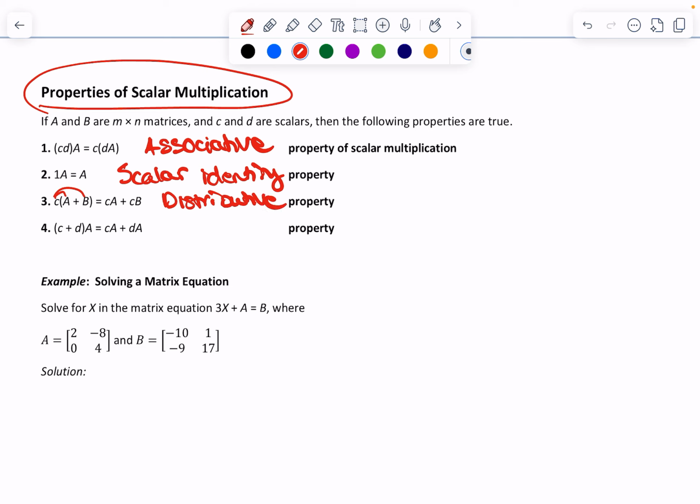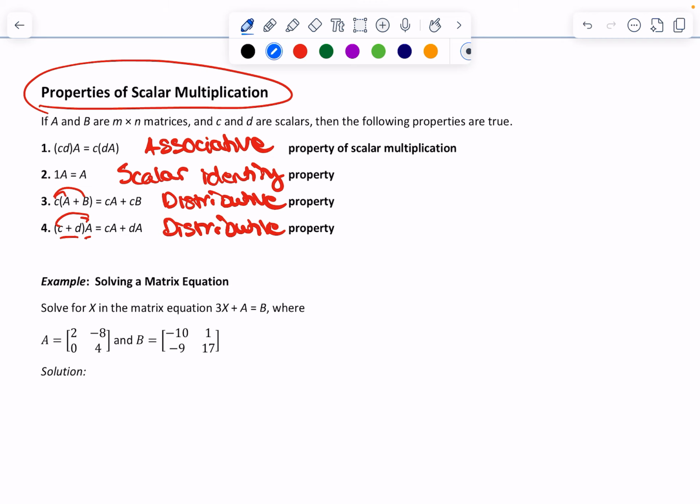Now we've got the scalars c and d that we are adding first and then multiplying by matrix A. It's the same thing as c times matrix A plus d times matrix A. What we're doing here is distributing again. So this is the distributive property.